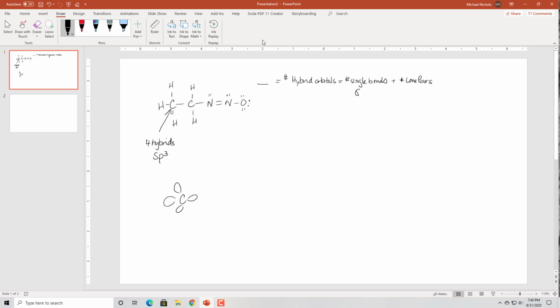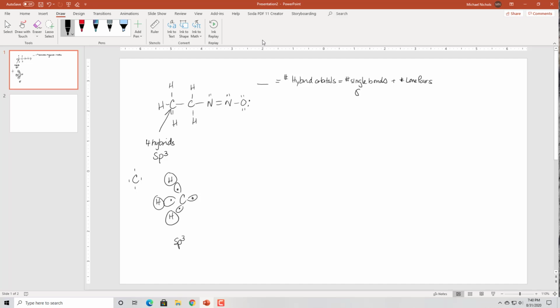We would write the 4 sp3 hybrid orbitals around that carbon, and 3 of them overlap with the hydrogens. I should go back and say each one of those hybrid orbitals has 1 electron, because carbon has a Lewis dot structure of 4 unpaired electrons.